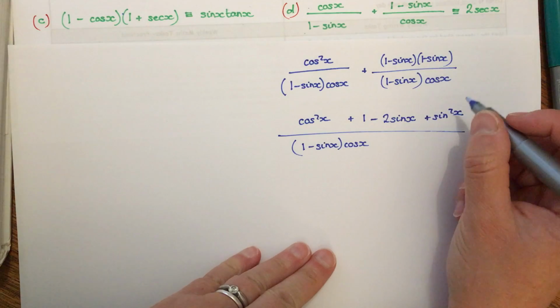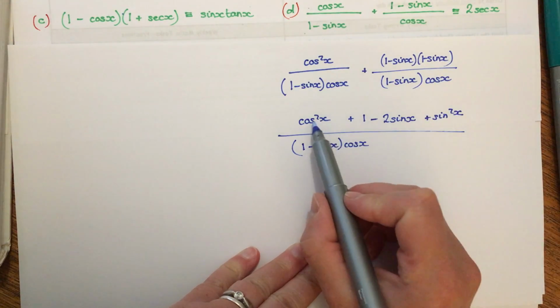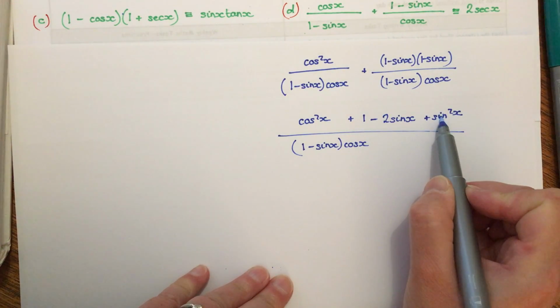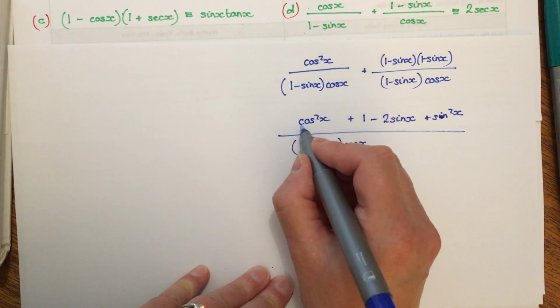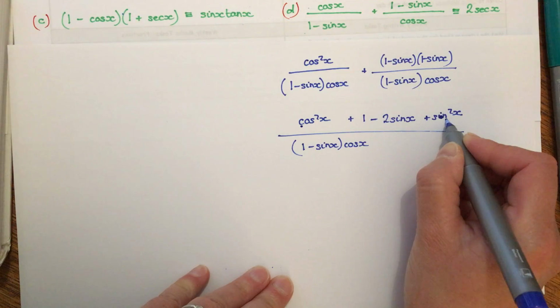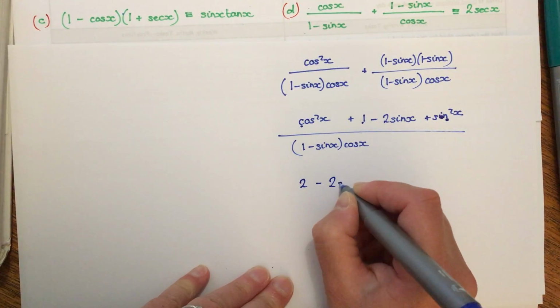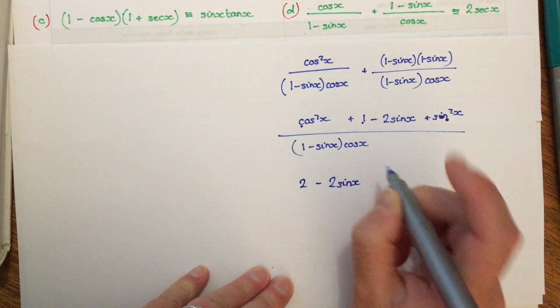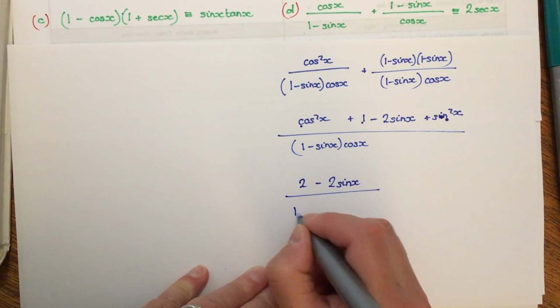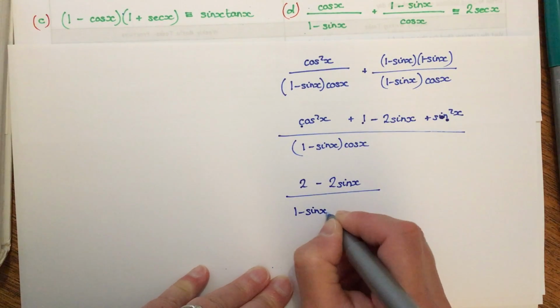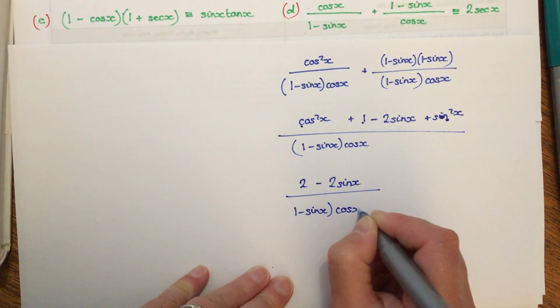Okay, I'll come back to that in a second. So cos squared x plus sine squared x is 1. So 1 plus 1 is 2. So I've got 2 minus 2 sine x over 1 minus sine x cos x.